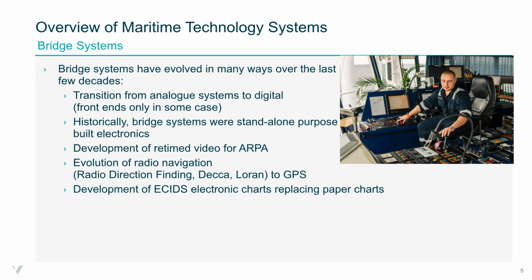One of the other key technological changes is the development of ECDIS electronic charts, replacing paper charts. So the ability to download chart information and overlay that now on a common display with radar signals and additional key pieces of information around manoeuvring the vessel. So very much an aggregated display that was never possible in years gone by.